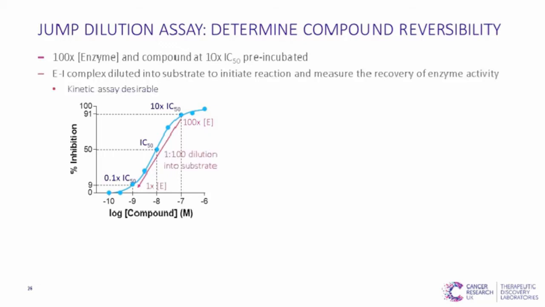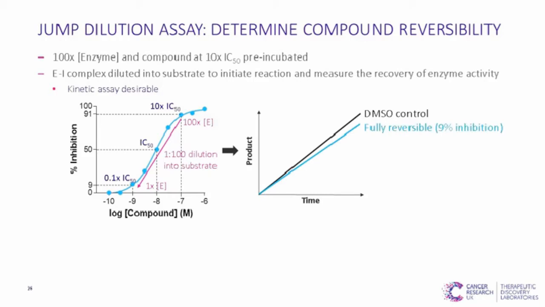This is followed by a dilution of 1 in 100 into substrate to give a final enzyme concentration of 1 times, and the compound concentration is now 0.1 times the IC50. Because the dilution was performed into substrate, this initiates the reaction, and we can follow the product formation over time using a kinetic assay. The assay has been optimized to ensure that the rate of the enzyme reaction is linear over the time course of the assay.